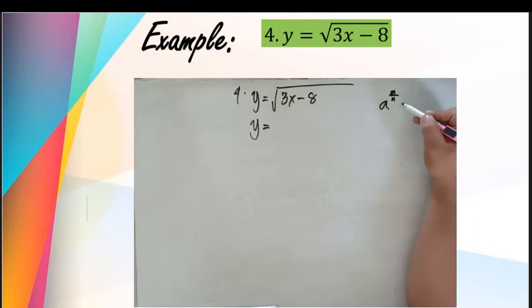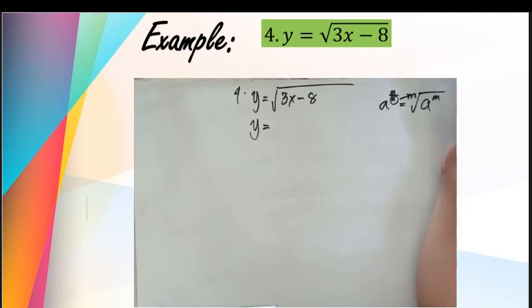So we have this form a raised to m over n. In radical form, that is equal to the nth root of a raised to the m power. The denominator of the fraction becomes the index of the radical, and the numerator is the exponent of the base a.